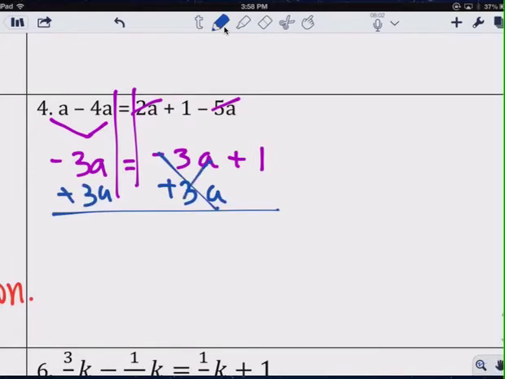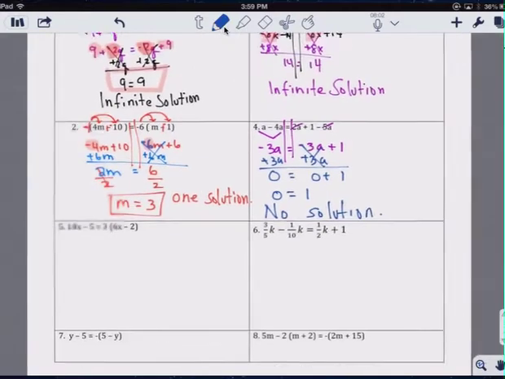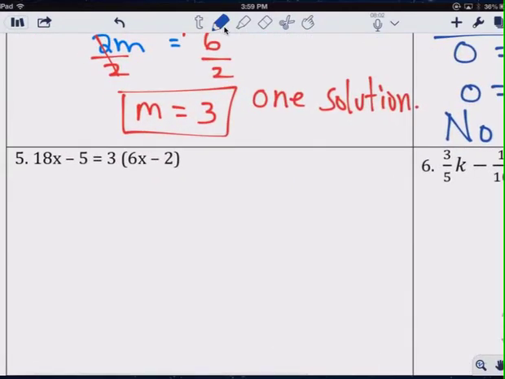Oh, that's a 0. Well, 0 plus 1, and this is 0, so 0 does not equal 1. So this is no solution. Okay, no solution.